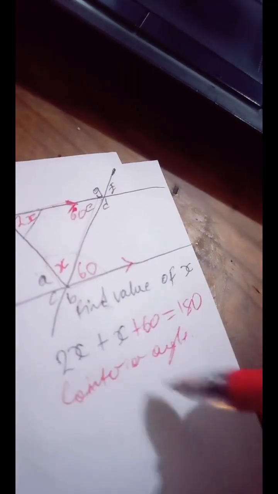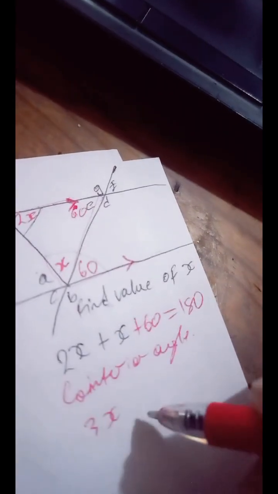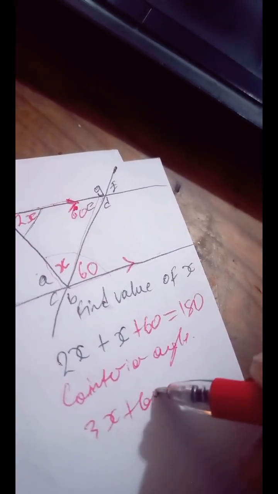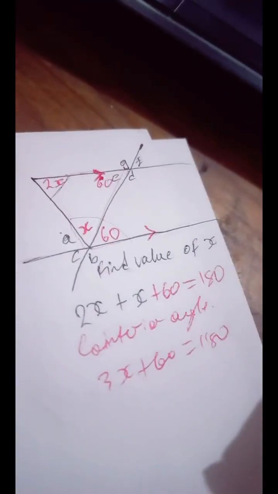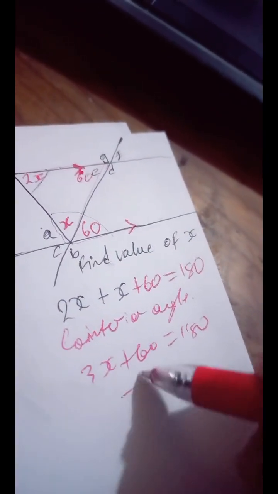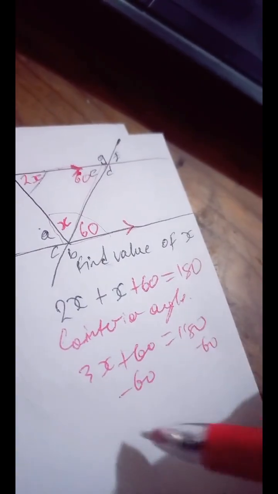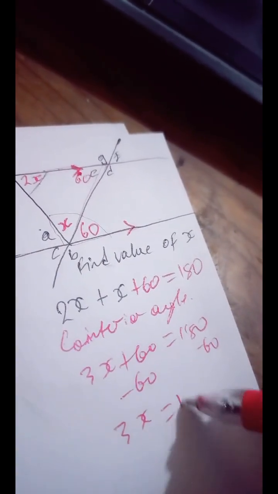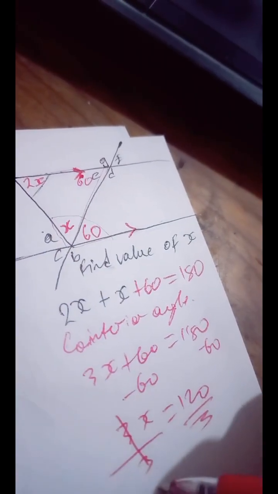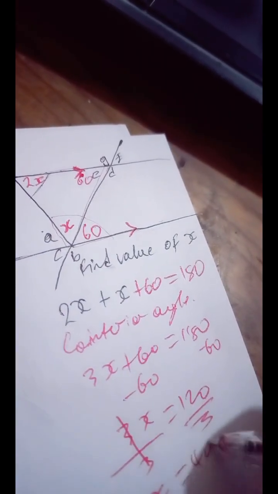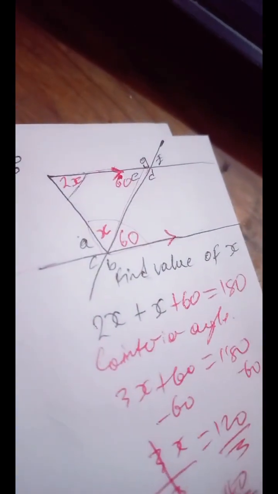So you have 2x and x, which is 3x, plus 60 is equal to 180. Remove the 60, remove the 60. 3x is equal to 120, divided by 3, divided by 3, x is 40.